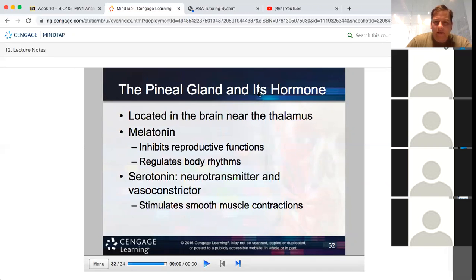The pineal gland and its hormones. The pineal gland is located in the brain near the thalamus. It produces melatonin that inhibits the reproductive functions and regulates body rhythms. Serotonin is a neurotransmitter and vasoconstrictor, and stimulates smooth muscle contractions. So these are the hormones of the pineal gland.